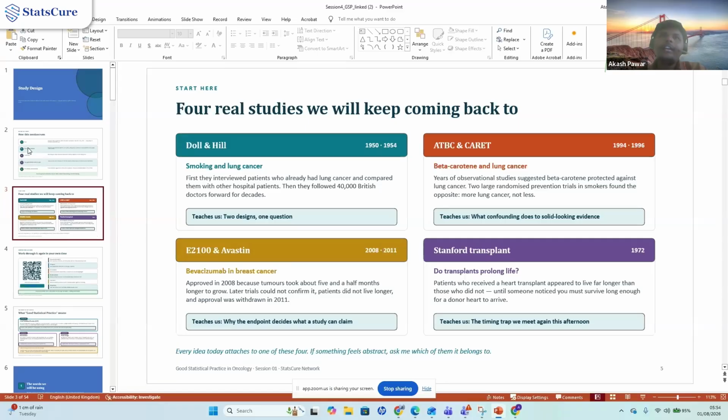The waiting period to get a transplant was so long that it biased the results. So in a nutshell, these four contexts are to keep in mind about design, about confounding, about figuring out the endpoint, and the timing trap.